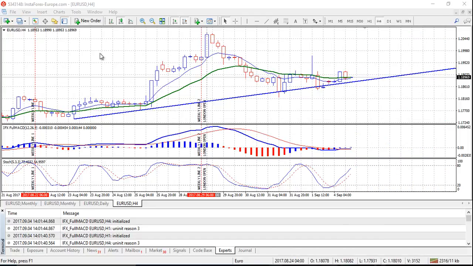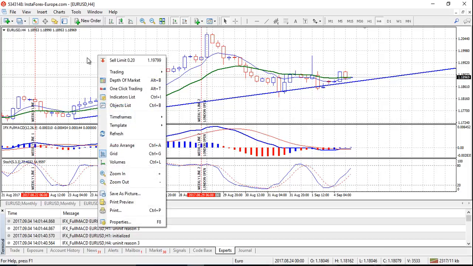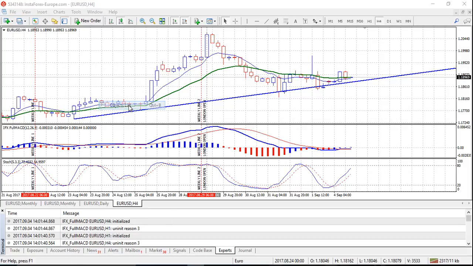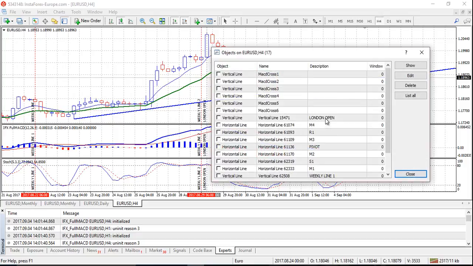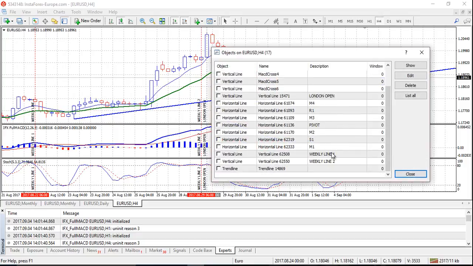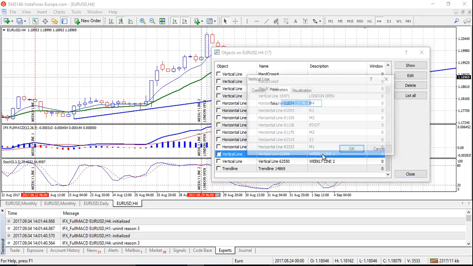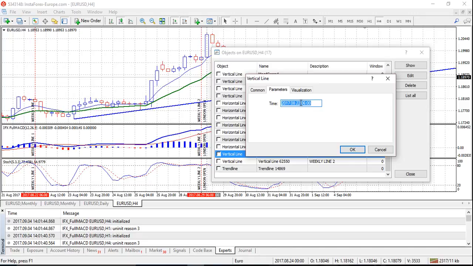So I right click on the dealing desk. I come to object list. So you can see the London Open here. So this is the weekly line 1 and weekly line 2. These are the lines I want to adjust now. So last week Monday was 28th of August.